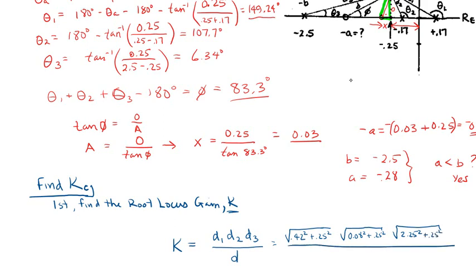And then the value of D is going to be the square root of 0.03 squared plus 0.25 squared. And that's going to give you approximately 1.15. So what you should notice is that each of these has the same opposite side, and that's this dotted line on the graph. The other distances are from the pole to the dotted line.